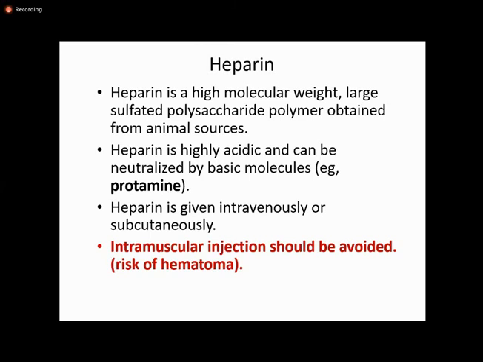Heparin is highly acidic and can be neutralized by a basic molecule called protamine. This point is also important because when there is an overdose of heparin, there are increased chances of bleeding. So how can we overcome the effect produced by the overdose of heparin? By giving an antidote, that is protamine.